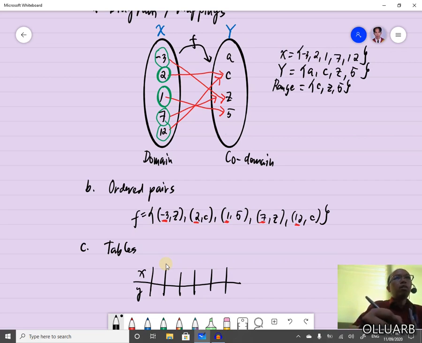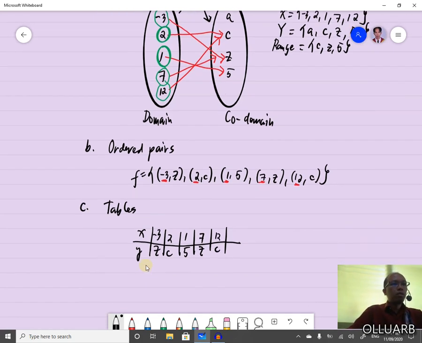This example here, as you can see, we have negative 3, Z; 2, C; 1, 5; 7, Z; and 12, C. So if you are going to describe the function using tables, or a tabular description of a function, as you can see here in the upper part, no two objects here are repeated. Okay, so that's what it means to be a function.